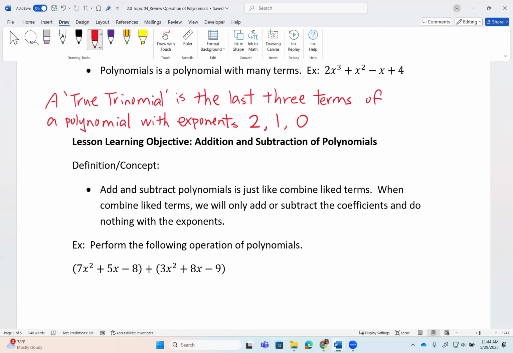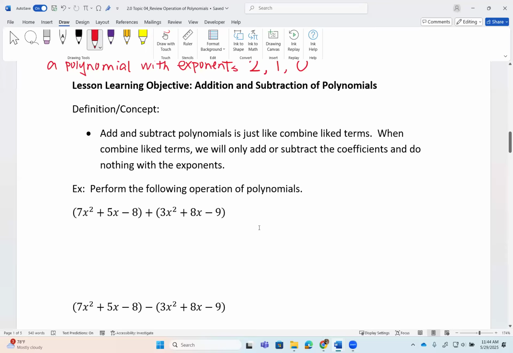So when we combine like terms, we only add or subtract the coefficients and do nothing with the exponent. So I'm going to perform the operation on polynomials just like what we talked about before. The purpose of the parenthesis here is to indicate I have one polynomial that is trying to add on to another polynomial.